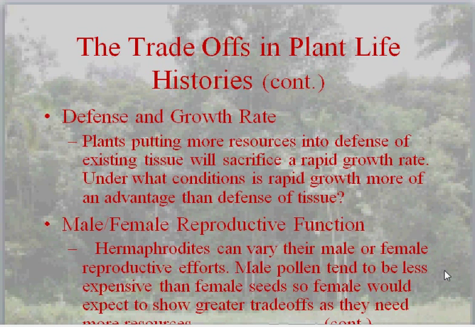So male pollen tends to be less expensive than female seeds. So when there are fewer resources around, these K-selected species tend to focus more on producing pollen than producing seeds. So females will tend to show greater trade-offs because they need more resources to produce their seeds to reproduce.